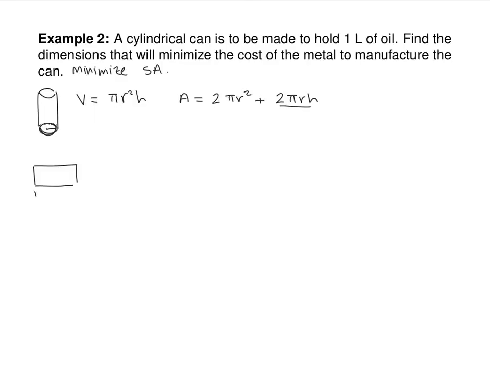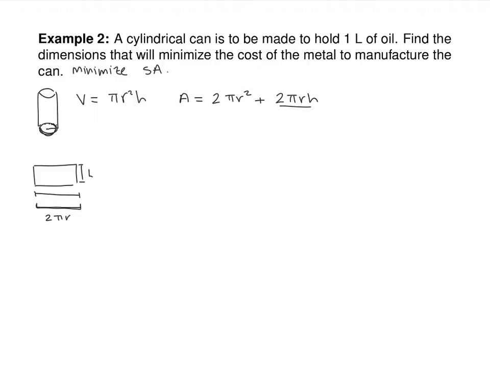And so the height of that is h. The question is how long is this side? And that side corresponds to the circumference of your circle. It's like if I took this paper and made it into a can, right? I have the height and then this is the circumference. And so the circumference of a circle is 2 pi r. Okay? All right.